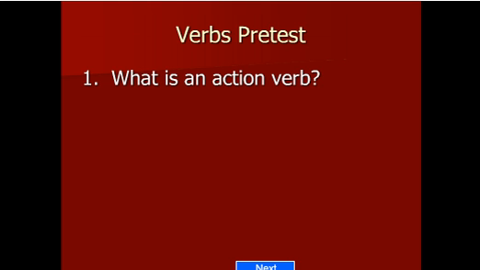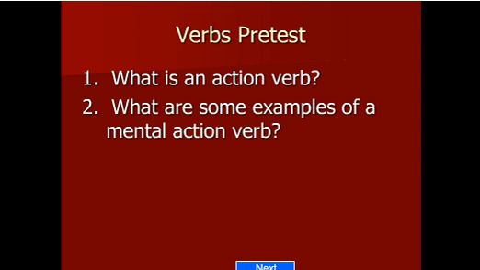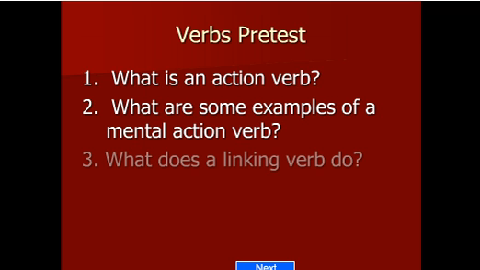So what is an action verb? Can you answer that yet? The PowerPoint's going to go through these things, so I'm not going to talk about them other than to let you think about them and see if you already know this. What are some examples of a mental action verb? What does a linking verb do?